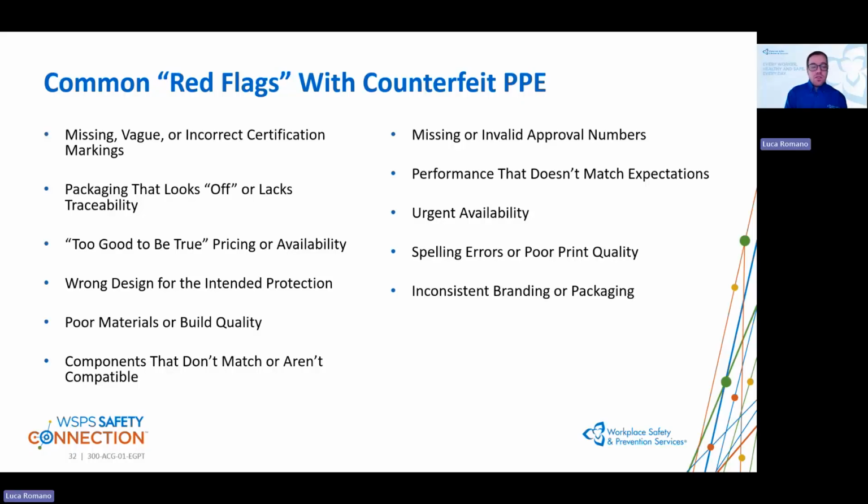So to start off, a simple red flag would be that the documentation of the certification or the markings themselves are missing, vague, or even incorrect. So again, that's something that can apply across the board with a variety of different types of PPE.